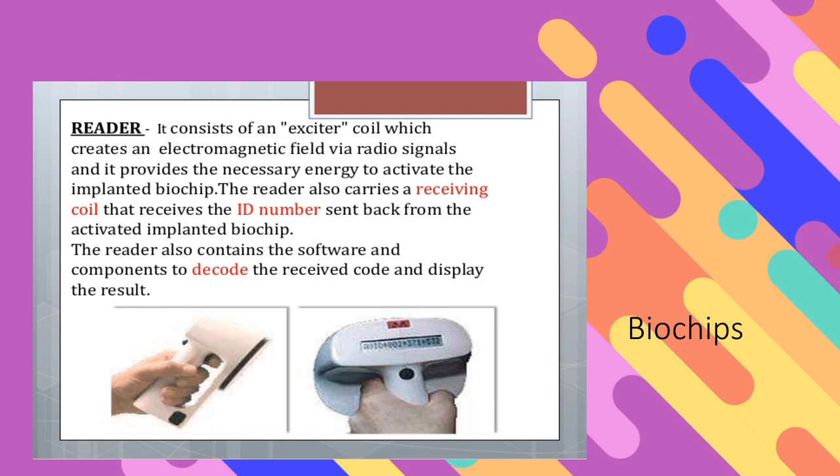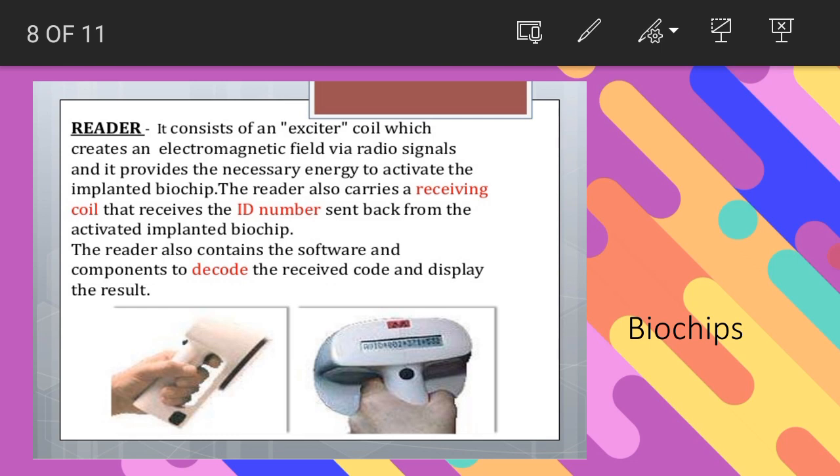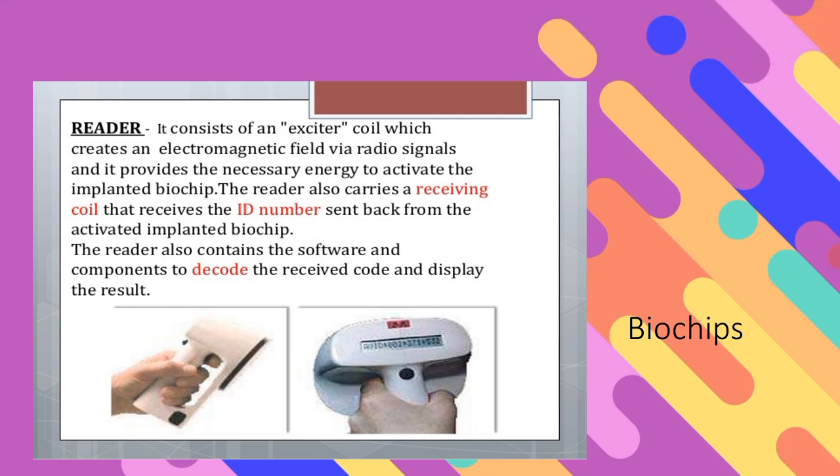As I mentioned earlier, in the transponder's first part, the computer microchip will have a 10 to 15 digit long identification number. That identification number is received by the reader in the receiving coil, sent back from the activated implanted biochip.